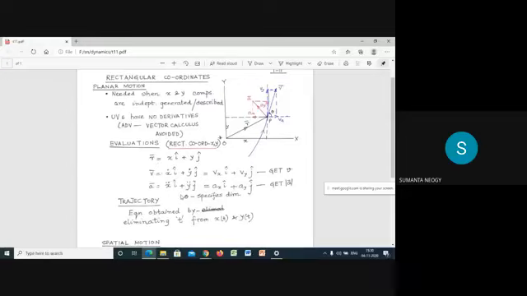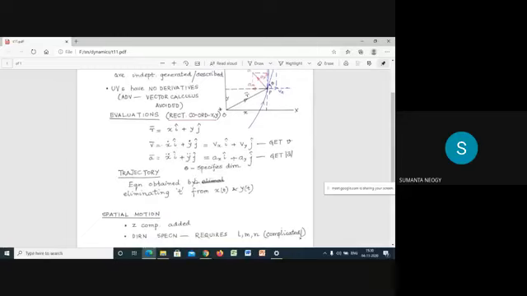Only thing, 2 points to be understood. How do we find out the direction of velocity and acceleration? It is simply tan theta is Vy by Vx or Ay by Ax. But if you go for three-dimensional cases, it will be a bit complicated.